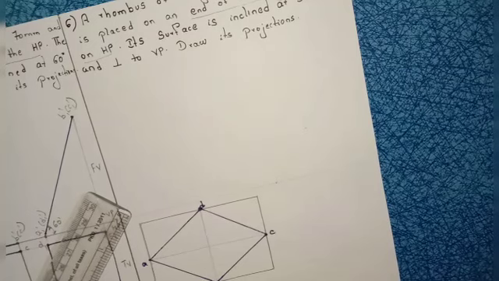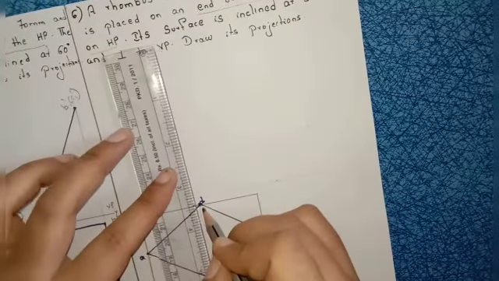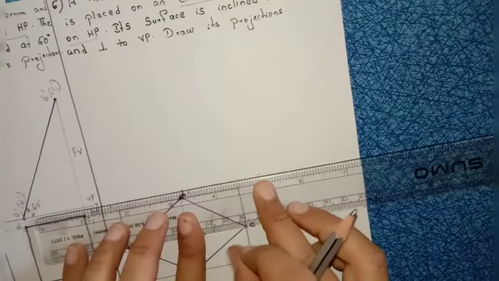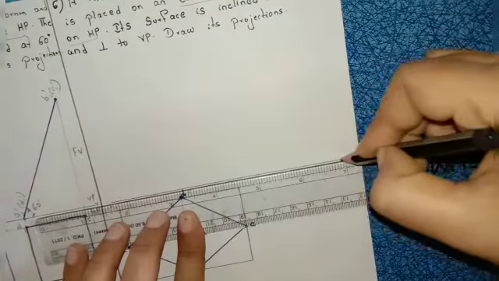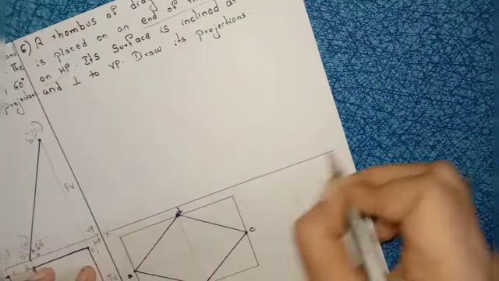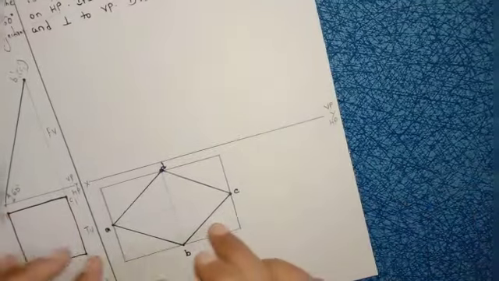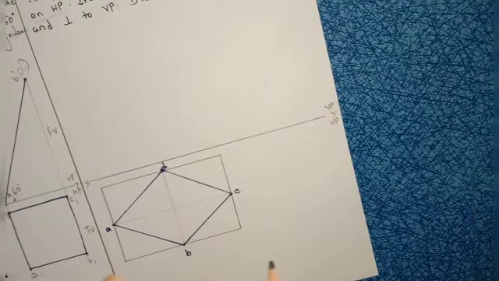After constructing the rhombus, they didn't mention any distance in this question. Leave 5 mm gap, draw the reference line of any length, name it as XY, vertical plane, horizontal plane. First construct the diagram, after that only leave some gap and draw the reference line, right?